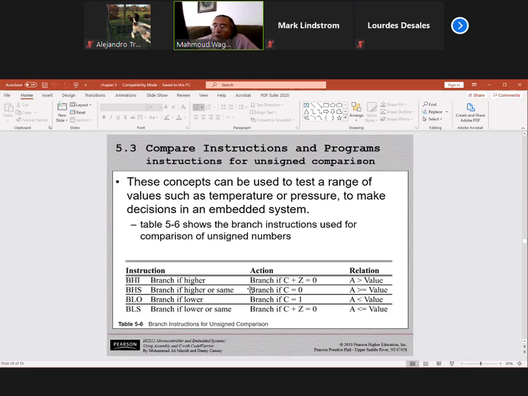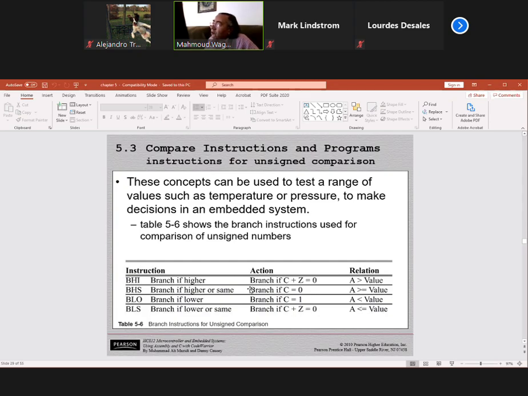How is the processor going to understand your intent when you say branch if higher? How is this converted to hardware? Because the processor doesn't understand your intentions or your words or your mathematical expression.